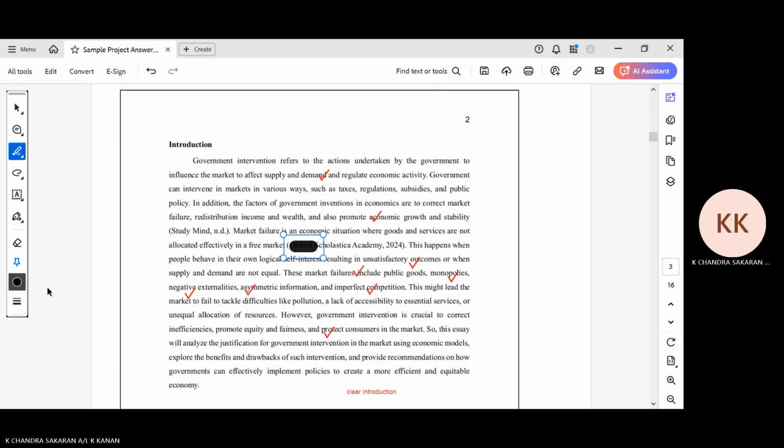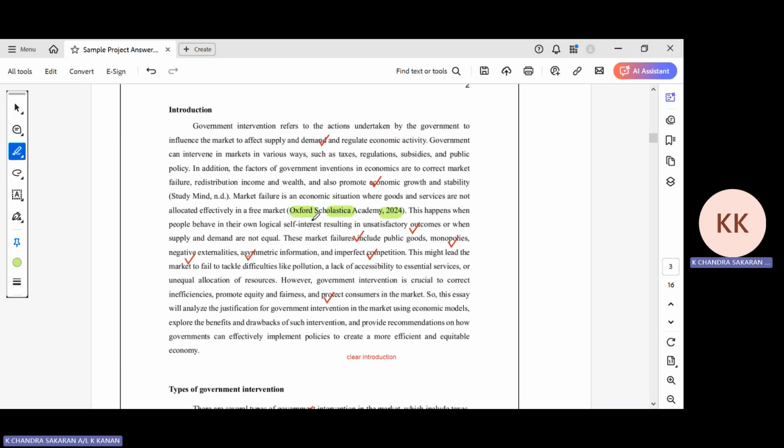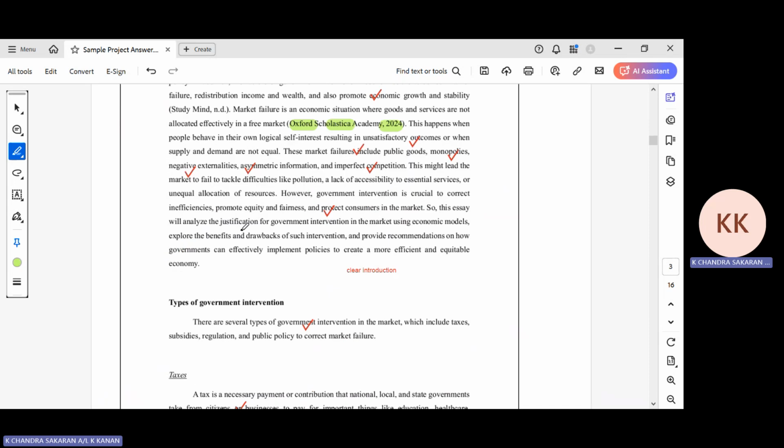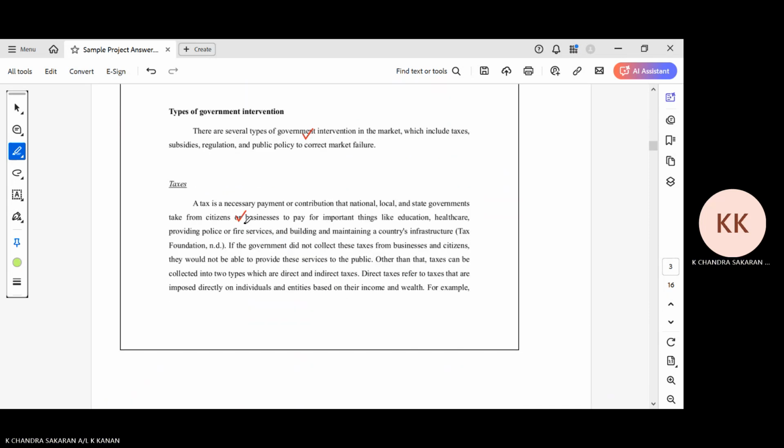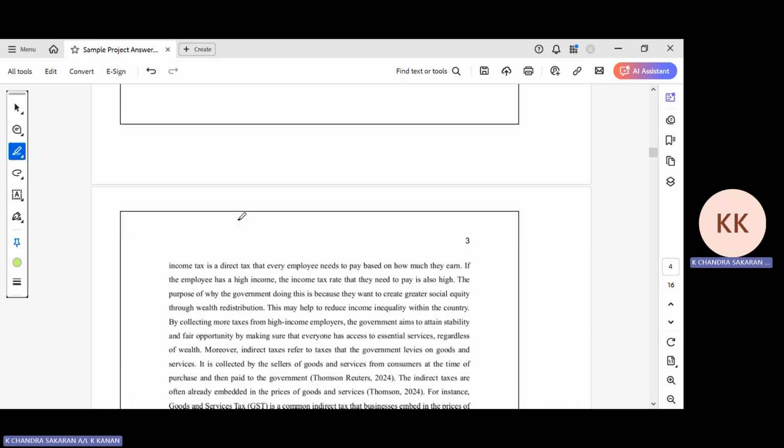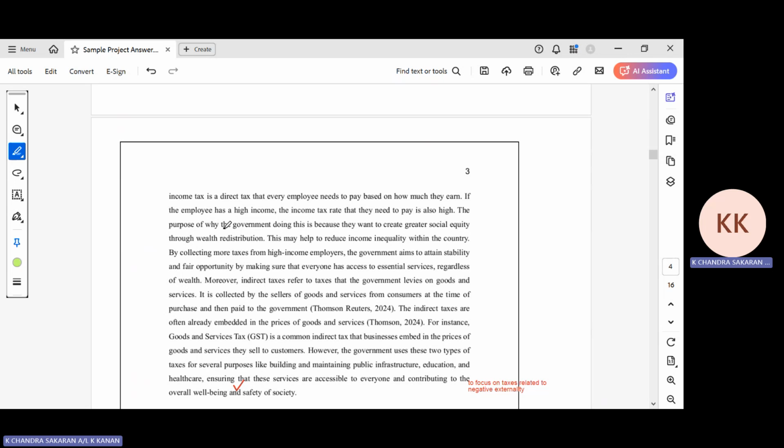This is called in-text citation. Must have in-text citation. If this person takes from a certain source, you must put the in-text citation. You can see some of the citation given.